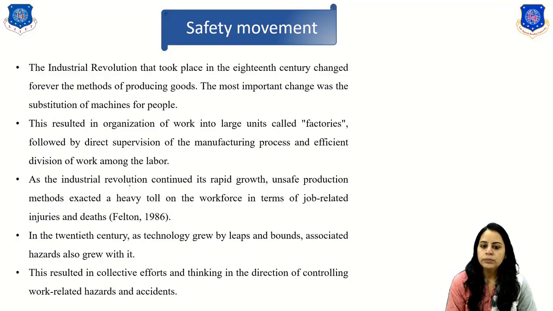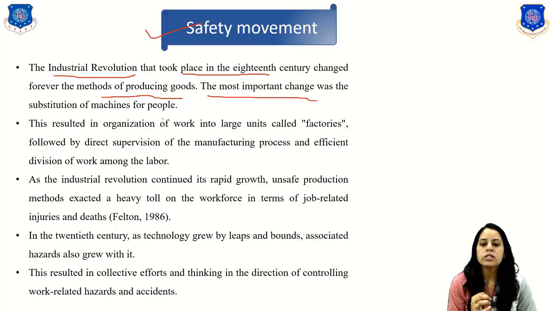Now the next topic is the safety movement. What do we mean by safety movement in the industries? The industrial revolution that took place in the 18th century changed forever the method of producing goods. The most important change was the substitution of machines for people. This resulted in organization of work into large units called factories.